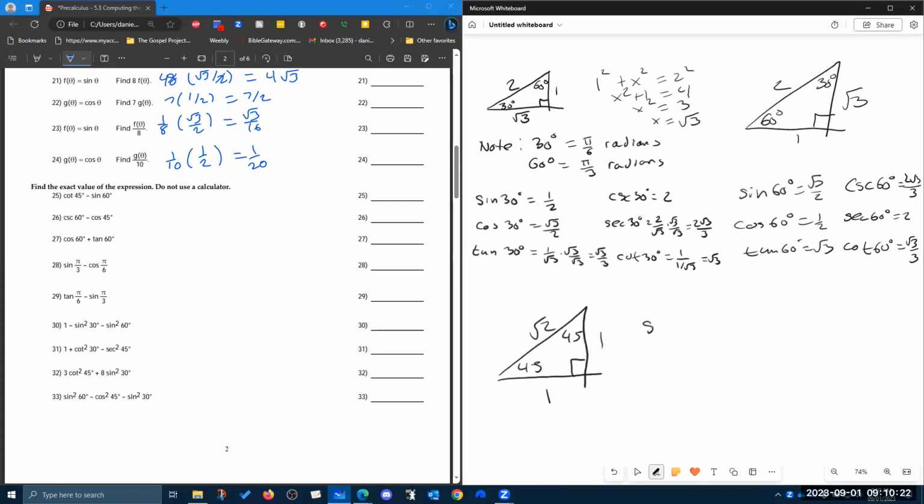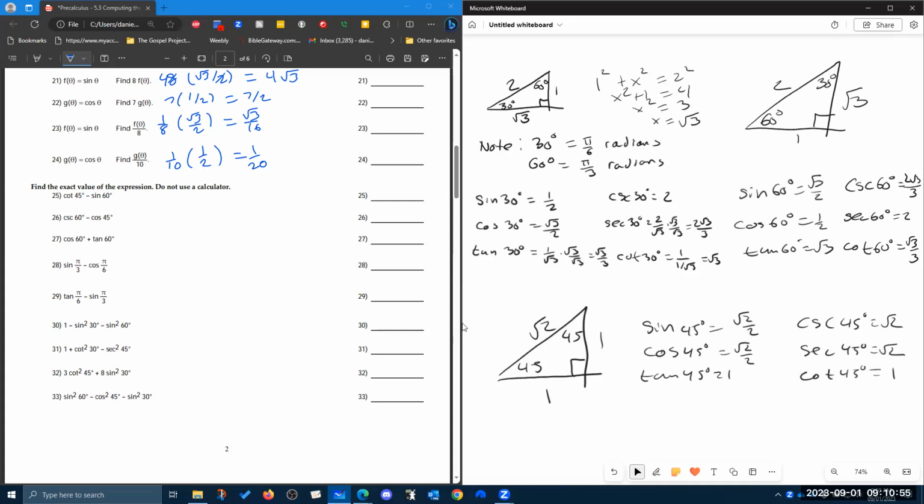And these values were that sine was √2/2, cosine was also √2/2, tangent was 1, cosecant was √2, secant was √2, and cotangent was also 1.